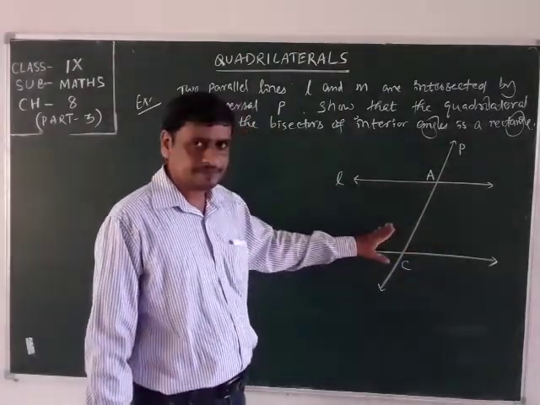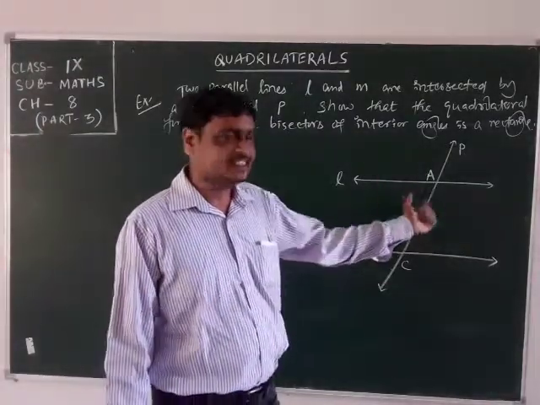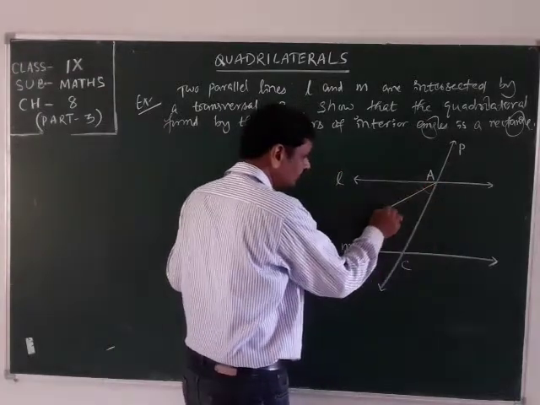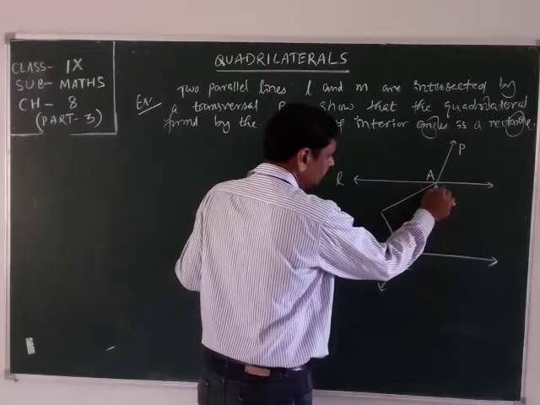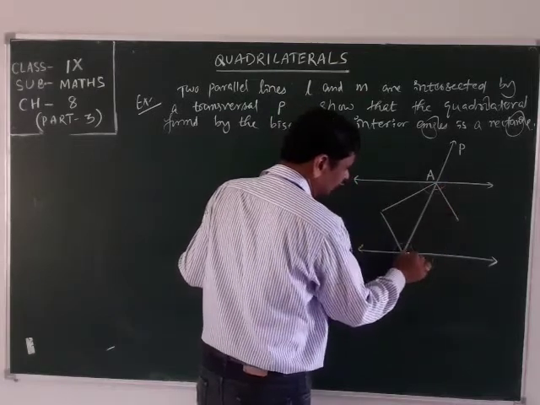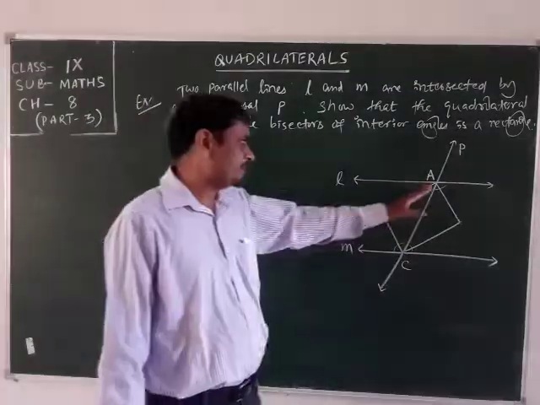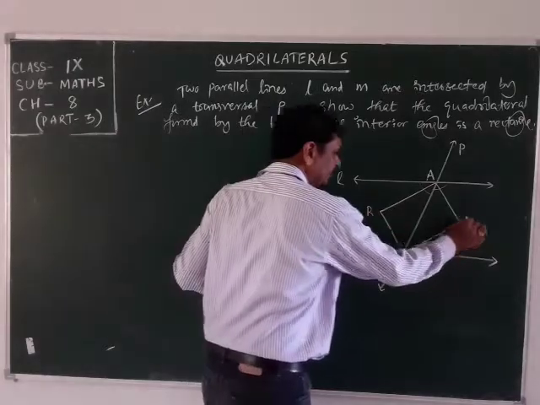When we draw the bisector of each interior angle, this angle is bisected, this angle is bisected, this angle and this angle are bisected. In the figure obtained, let this point be B and this point be D.